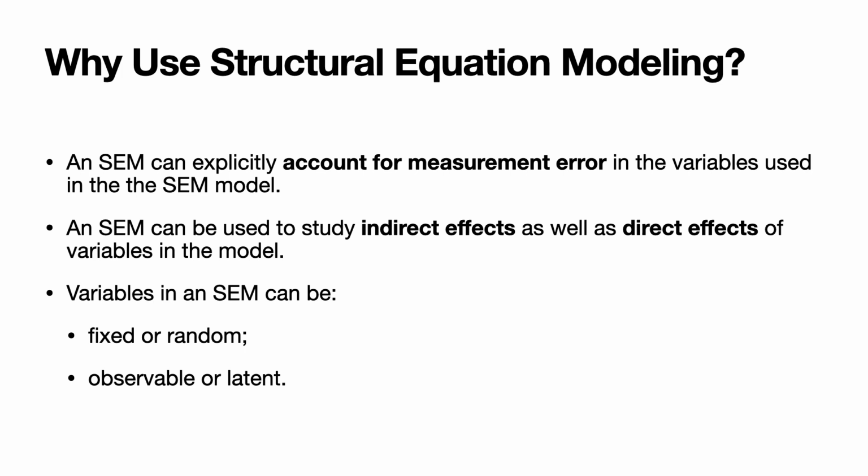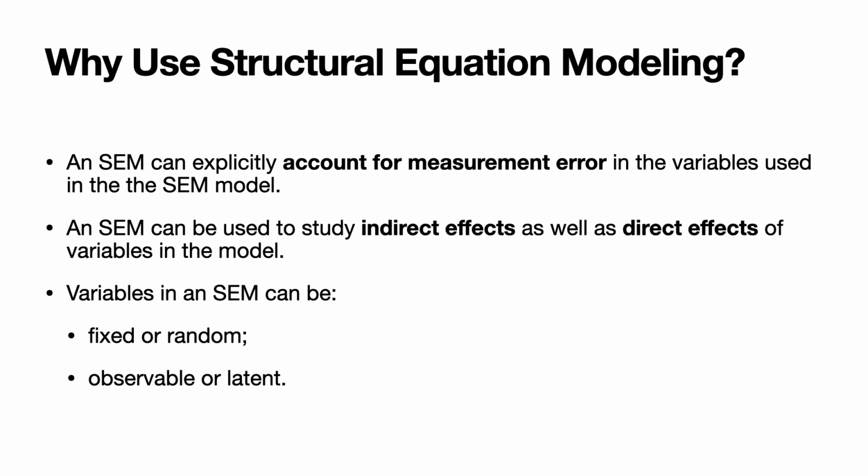And so these first two features differentiate structural equation modeling from many of the kinds of statistical models out there. For example, regression analysis does not account for variability in the explanatory variables. It treats the explanatory variables as being measured without error.